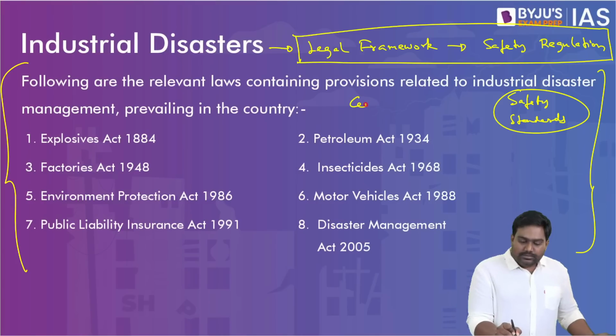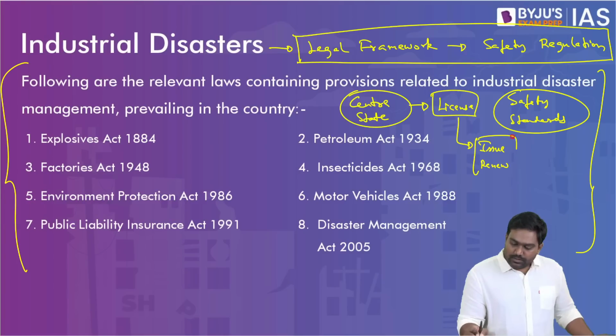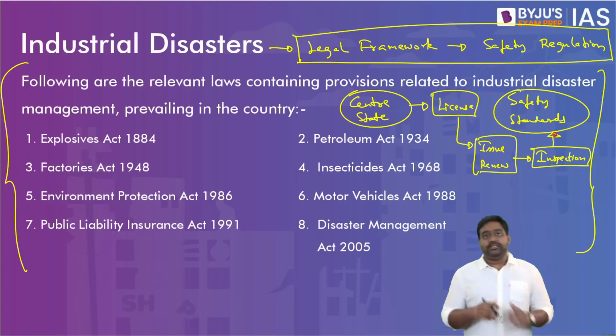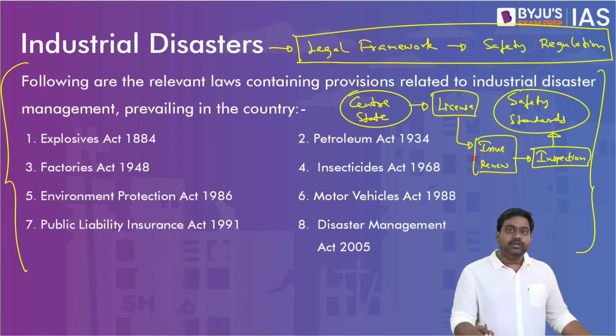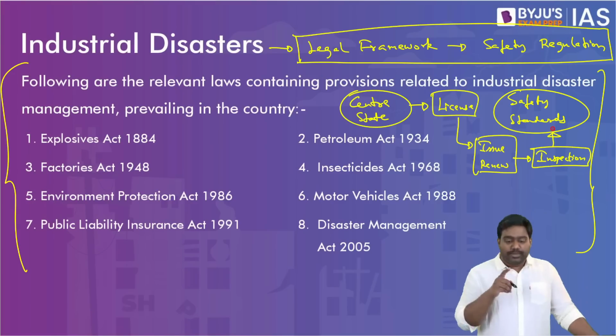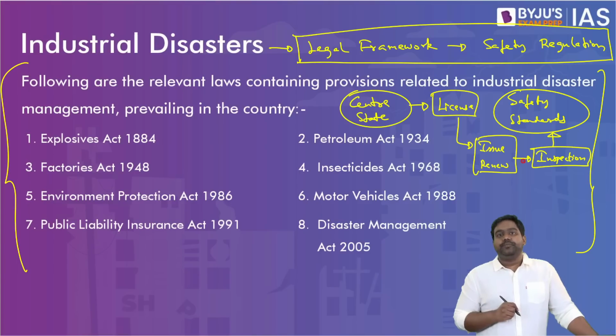In fact, the central government and state governments, they both have the authority to issue and even renew licenses following an inspection of the plant. Inspectors will visit these factories and plants and they have to get the required approvals and permissions before getting the license, before renewing the license. Only those industries and factories which meet the safety protocols and standards, only they can be issued licenses through the government. All right. So we have a very strong legal framework.